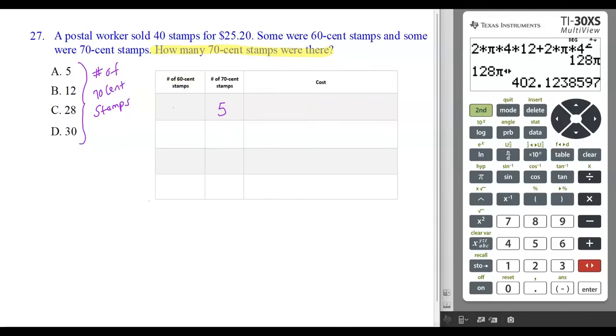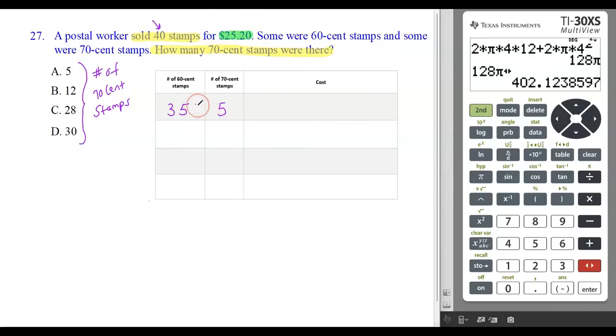What do you think? Well, it says the postal worker sold a total of 40 stamps. So these two have to add up to 40 because there's a total of 40 stamps. So if I have 5 70-cent stamps, I must have 35 60-cent stamps because 35 plus 5 totals 40 stamps. And now the cost for all of this has to total $25.20.